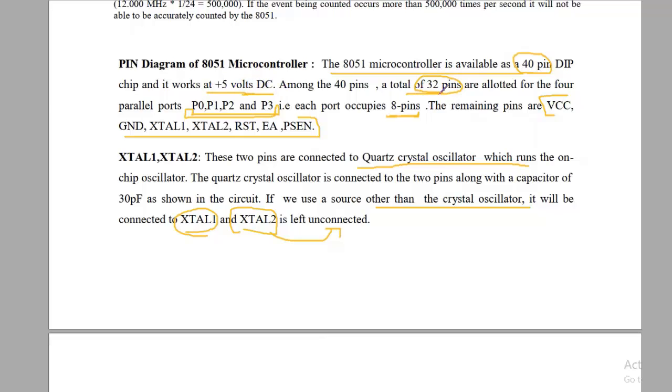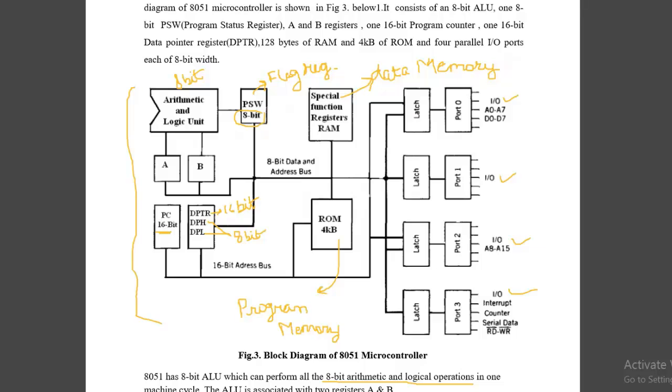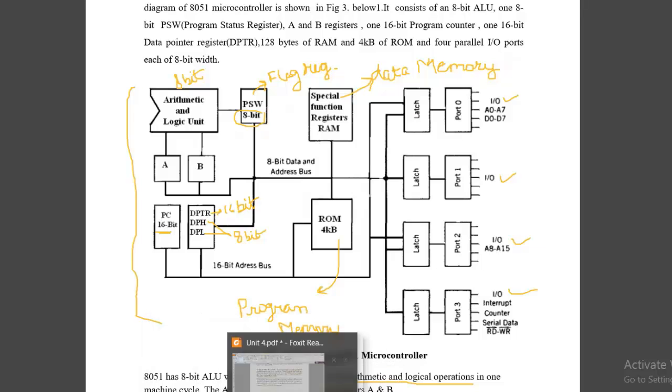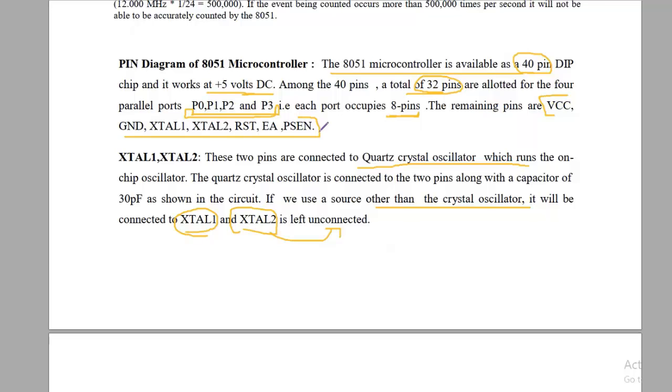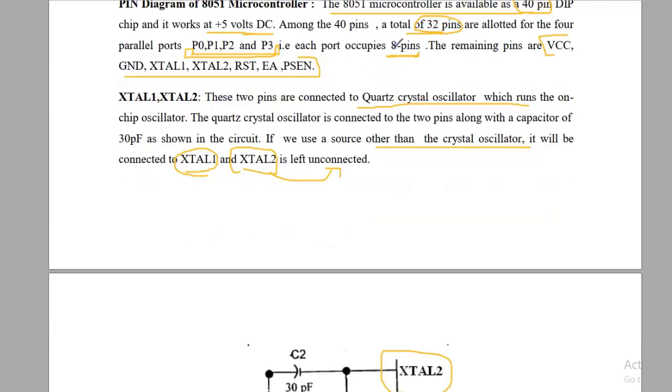Out of the 40, 32 pins are allotted for 4 parallel ports P0, P1, P2 and P3, which are these ones. The rest 8 pins are VCC, ground, XTAL1, XTAL2, RST, EA and PSEN. We will be covering these in the next section.